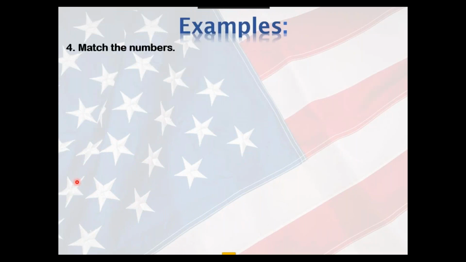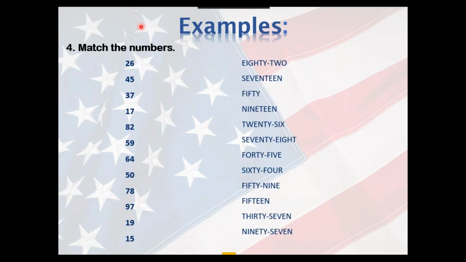Continue with more examples. We have to match the numbers to remember, okay? Example here, please. Yeah, I help you first. 26, 45. Yeah, now you. 37. Continue. 17. Continue. 82.